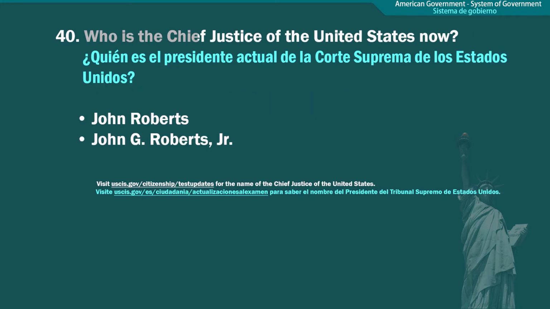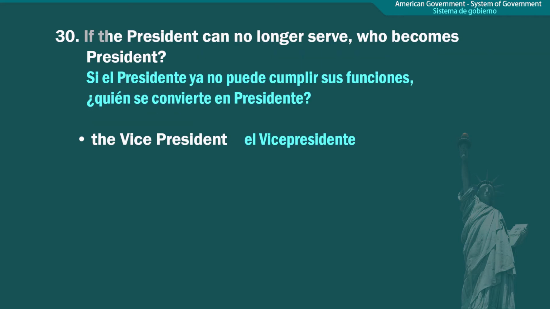Who is the Chief Justice of the United States now? John Roberts. John G. Roberts, Jr. If the president can no longer serve, who becomes president? The vice president.